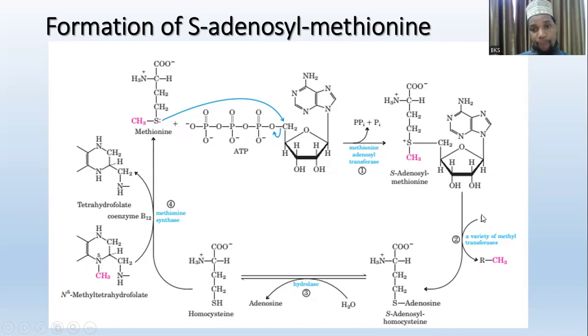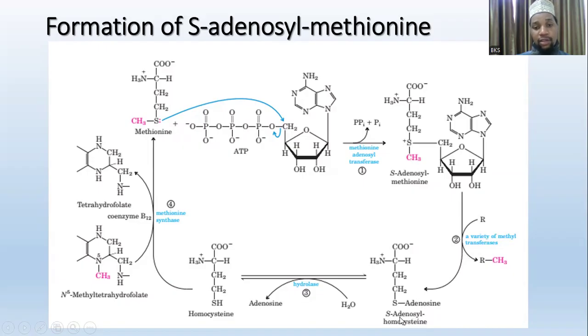For example, now you have a methylation reaction involving a different type of methyl transferases. You have this R that needs to be methylated, where a methyl group needs to be added. So this methyl transferase will pick the methyl group from this S-adenosyl methionine and attach it to the R group, forming a methylated R. And then what you have is S-adenosyl homocysteine, with the methyl group removed.